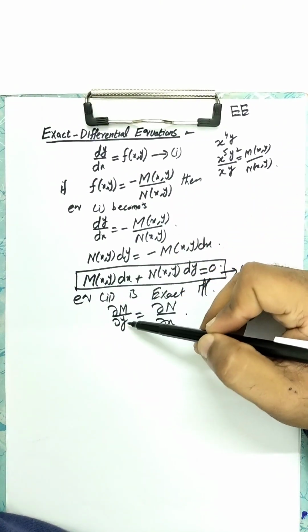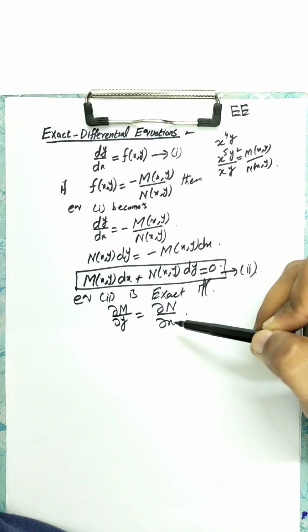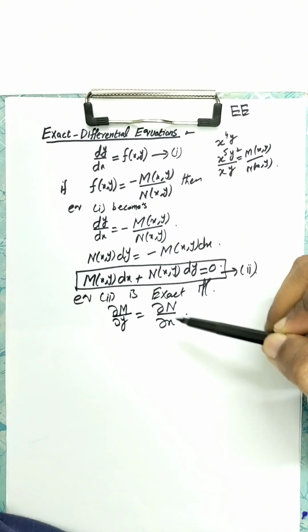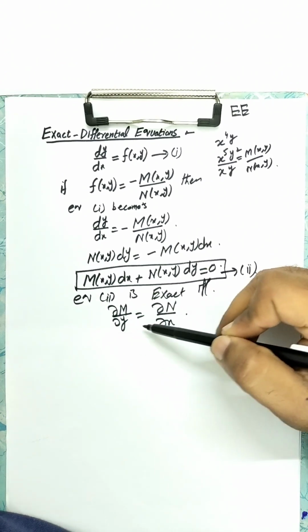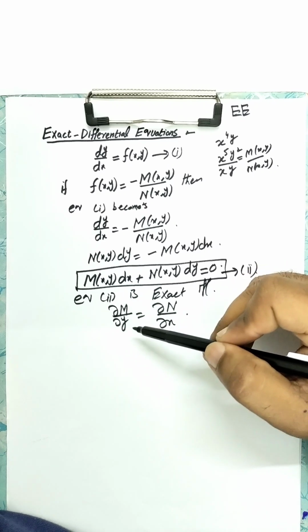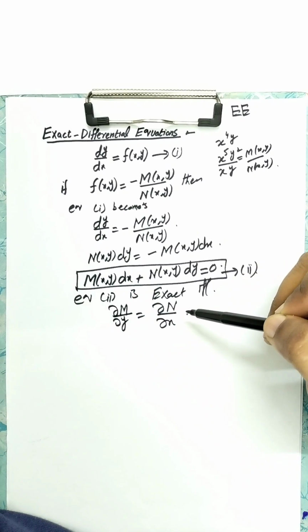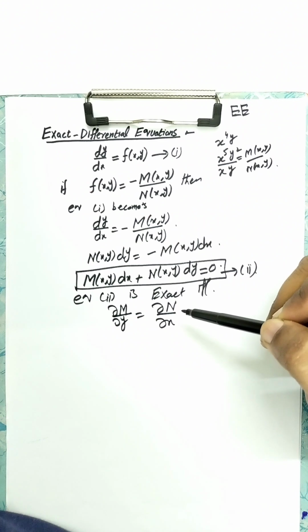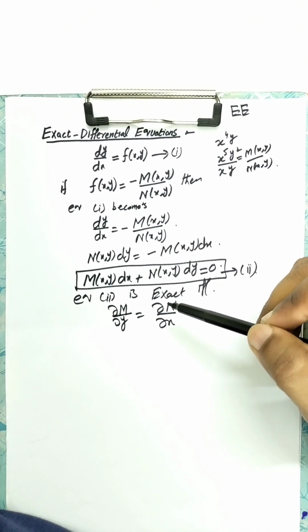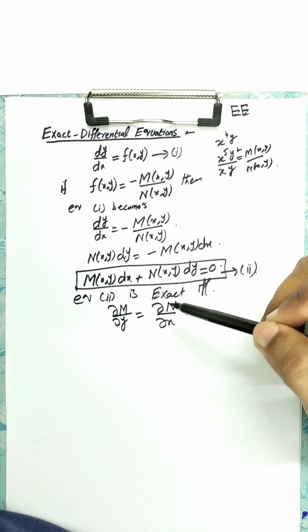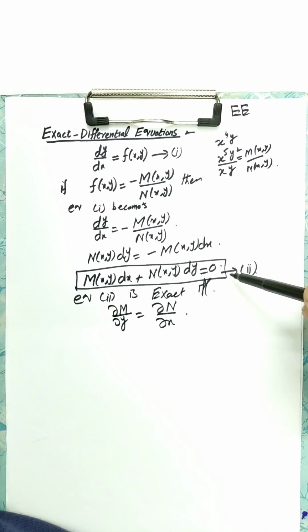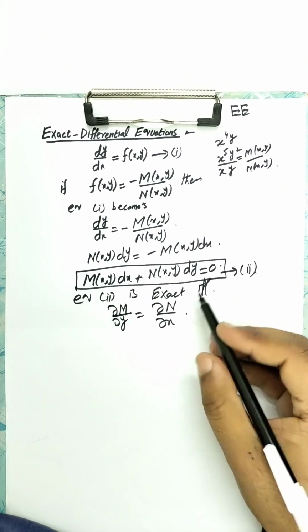If partial M over partial y is equal to partial N over partial x, these are both partial derivatives: the partial derivative of M with respect to y, and the partial derivative of N with respect to x. If these both derivatives are equal, then we say that equation 2 is an exact differential equation.